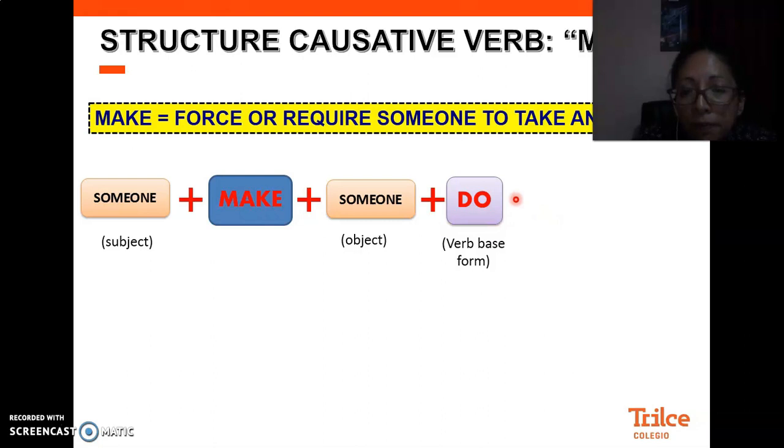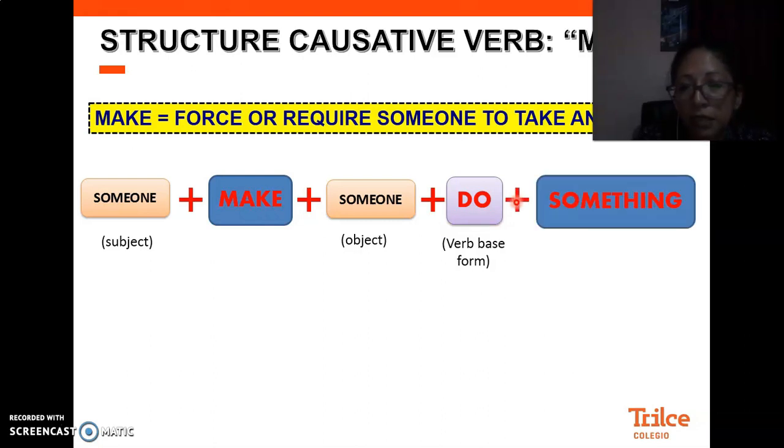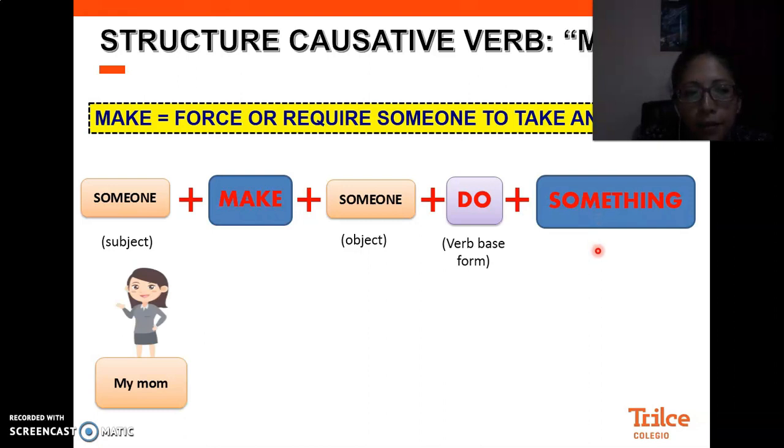The verb plus something. Something, the complement or the activity you have to do. For example, my mom makes, remember, the verb in simple present, because in this example we are talking about simple present.